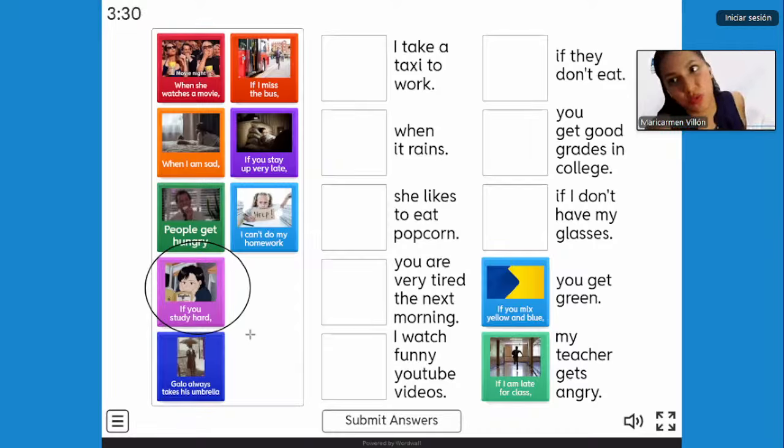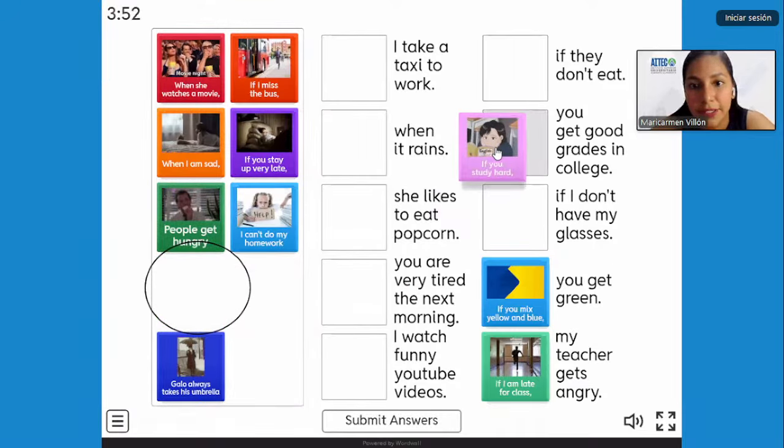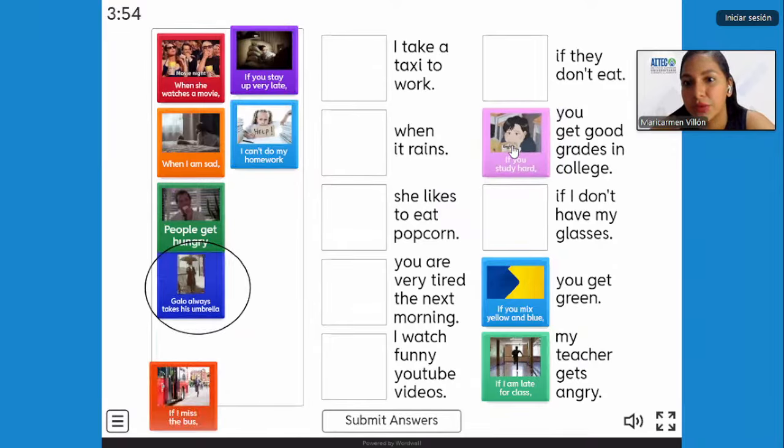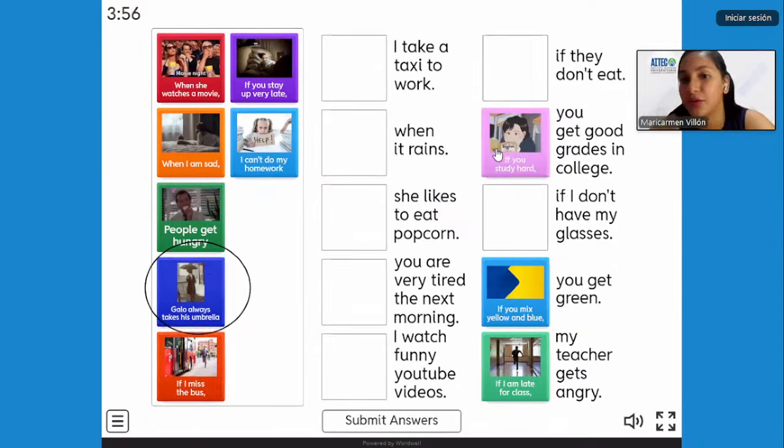Esa es la condición. Si usted estudia duro, si usted estudia bastante, ¿cuál será el resultado de eso? Eso es cero condicional. Very good. Tanto la condición como el resultado son en presente simple. So, if you study hard, you get good grades in college, or you get good grades in university. Excellent, very good.